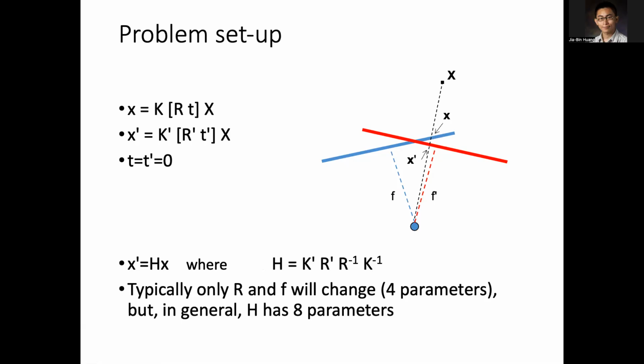Later on we'll talk about how this is just a convenient way to solve for H. But once you have H, you can actually get a better estimate if you really solve for the K and R, the intrinsic parameters. Okay, so we have this relationship, and now we want to figure out what that transformation is.